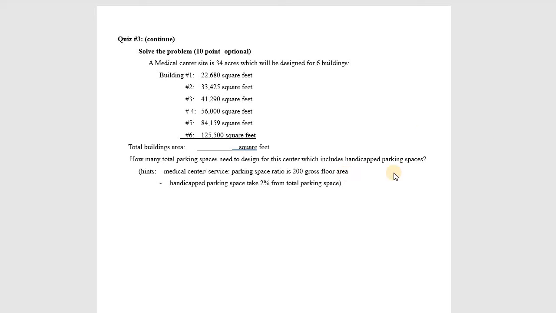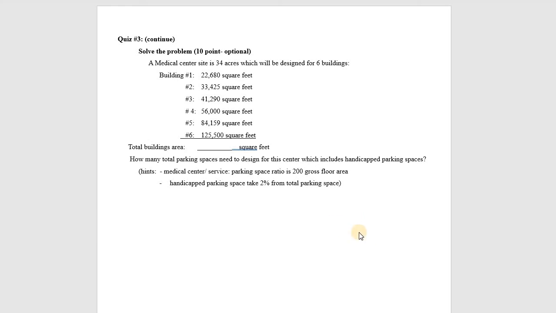After you have the parking spaces, you start to calculate the disabled or handicap parking spaces. The hint they give you is 2%. That means for 100 regular parking spaces, we need 2 handicap parking spaces. So after you get the parking number, you multiply by 0.02, the percentage for handicap. For 100, you need 2.